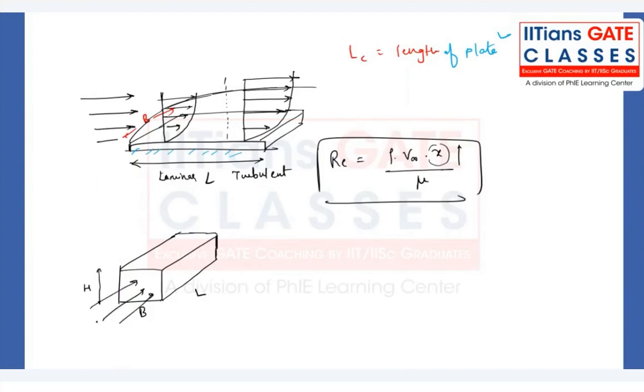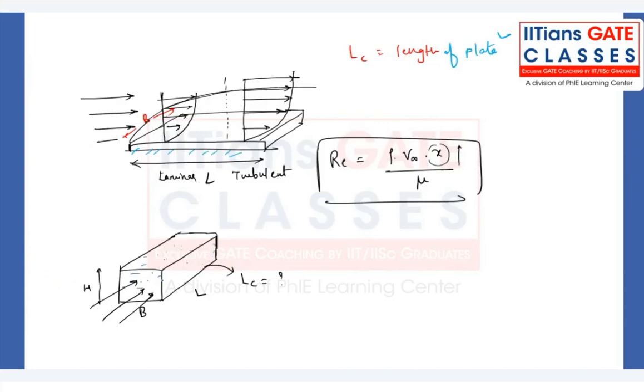Now tell me, out of these three dimensions, which will be the Lc value for this case? A closed conduit channel in which fluid is flowing, or maybe a square cross-sectional channel. Full flow is there, not half flow. The full wall has been wetted by the liquid, for example.